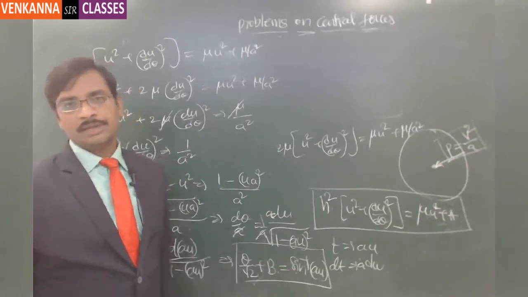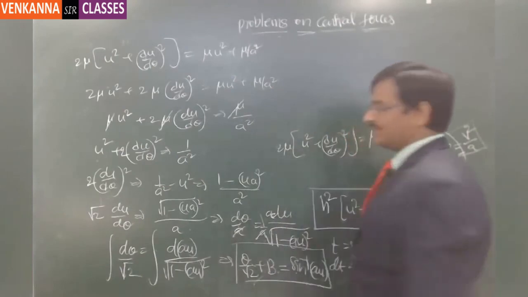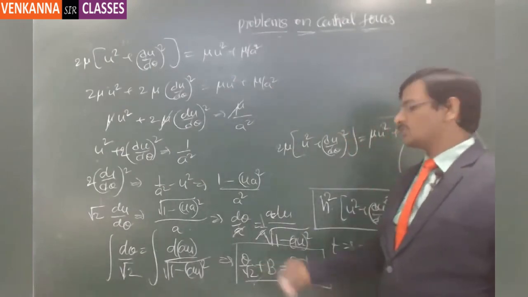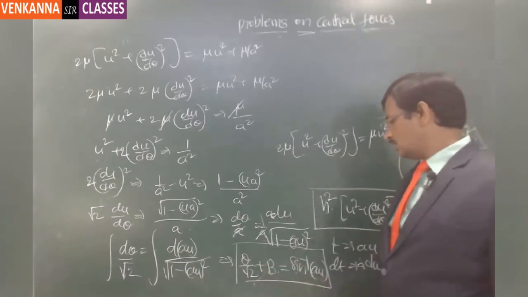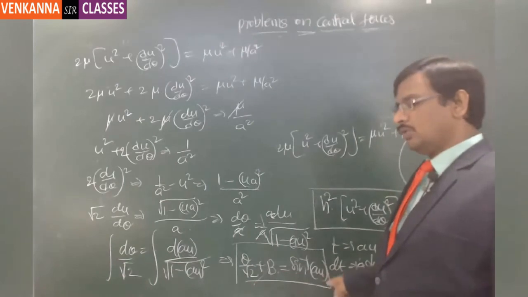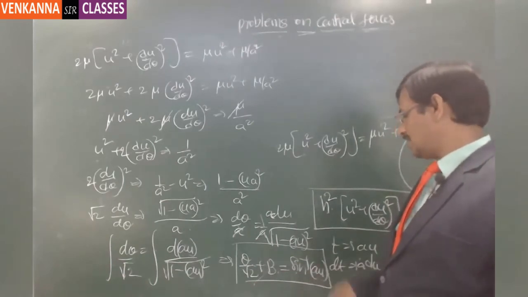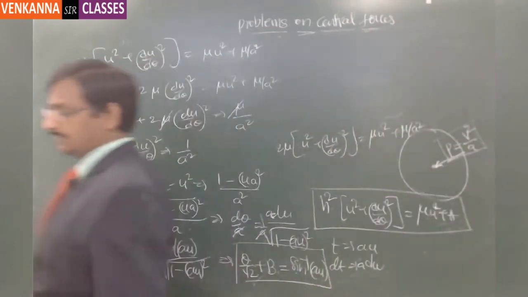This algebraic equation, you can identify the arbitrary constant from the initial values. So at theta equal to 0, you substitute the b value, and there u is equal to 1 by a. So a will cancel out, and this value is going to be pi by 2. So you note this down. I am going to simplify that.